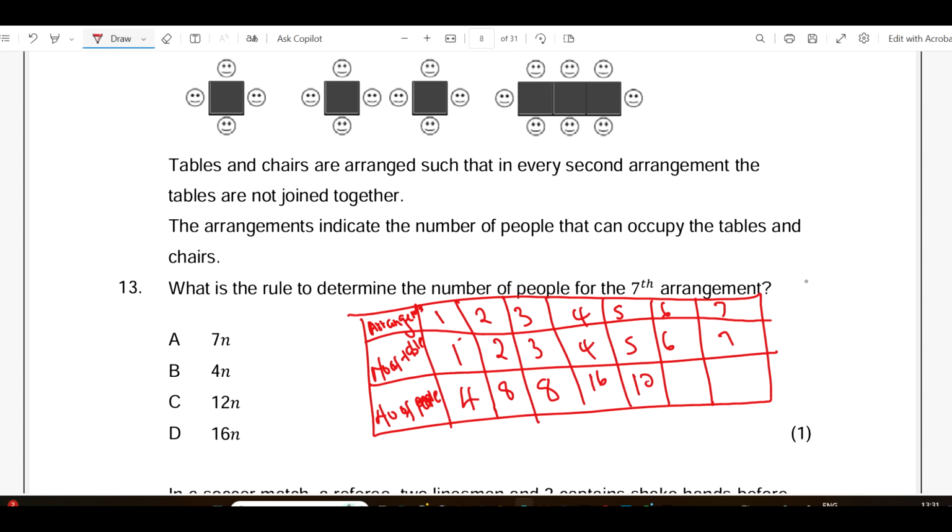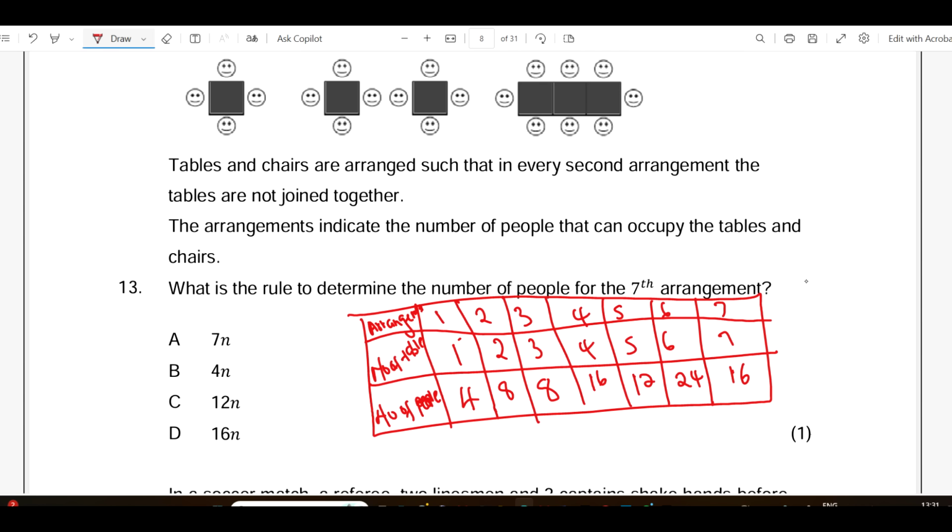Number 5, it's gonna be 12, and then 24, and then it's gonna be 16. So arrangement 1, arrangement 3, arrangement 5. Sequence number 2 is arrangement 2, arrangement 4. They are going in sequence. As for you not to get confused, this is the sequence.